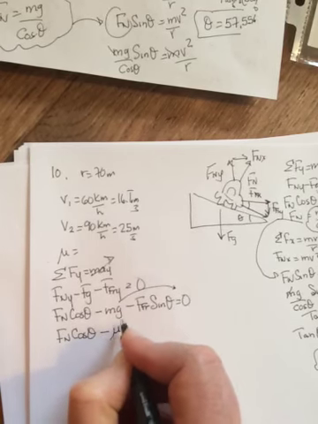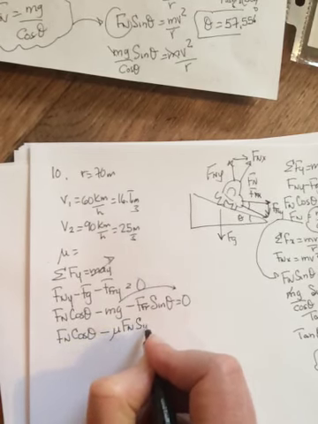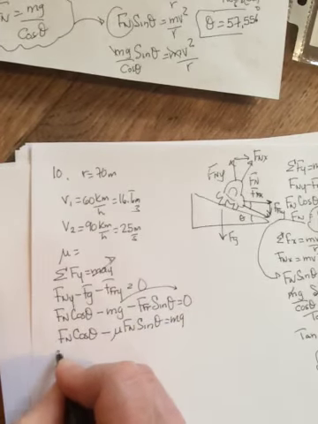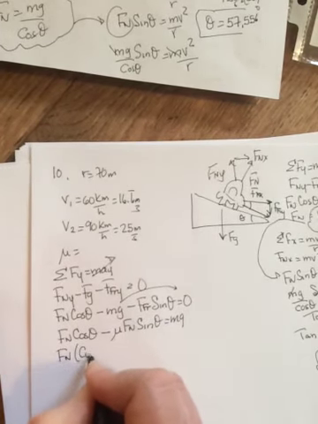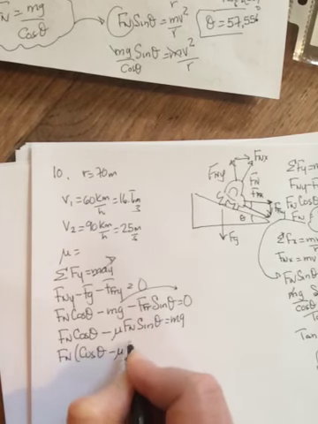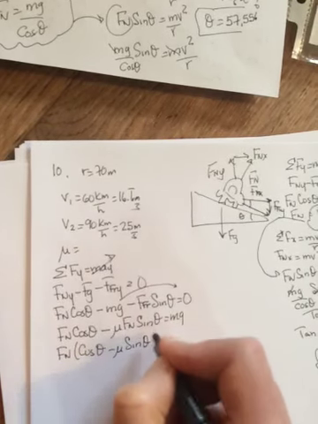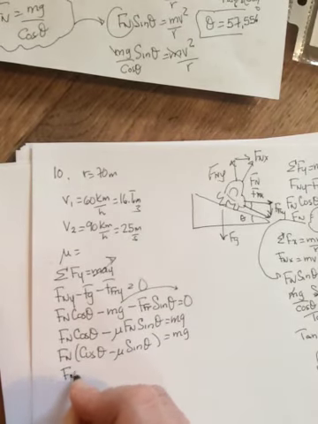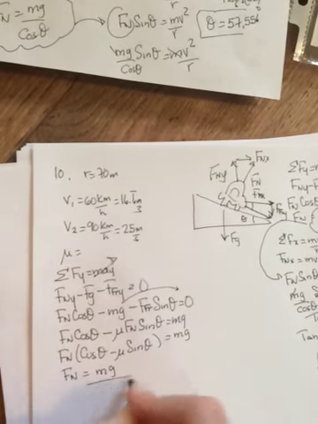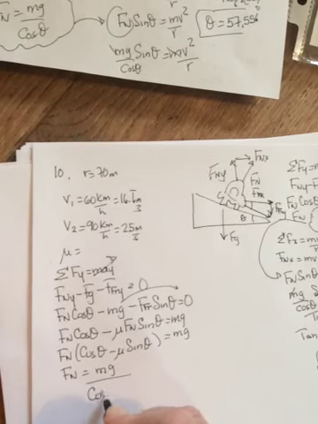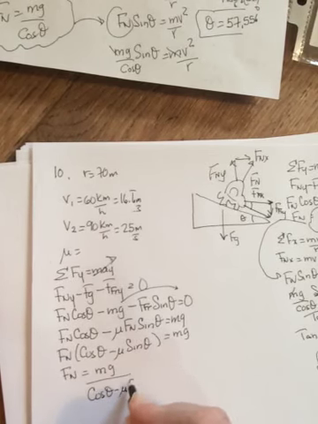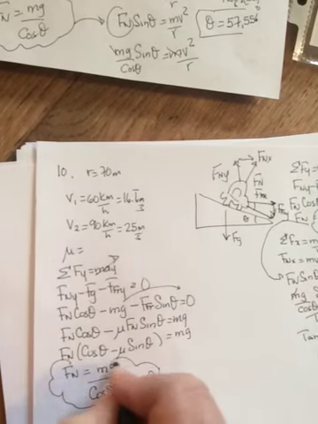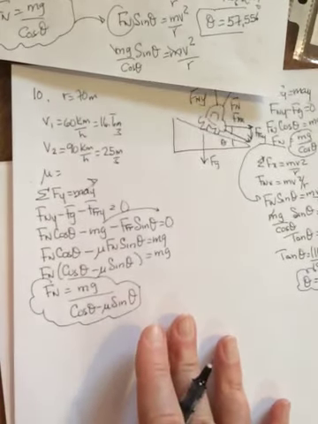Minus mu Fn sine theta is equal to mg. And now pull the Fn out. So cos theta minus mu sine theta. And then divide each side by the bracket. So Fn is equal to mg over cos theta minus mu sine theta. So just like we always want, we have an expression for our Fn in the y direction.